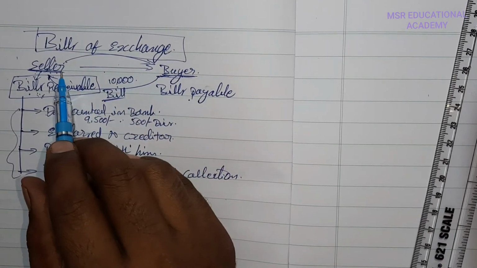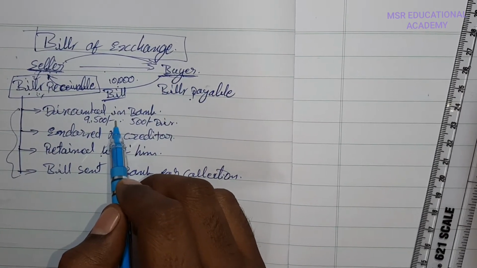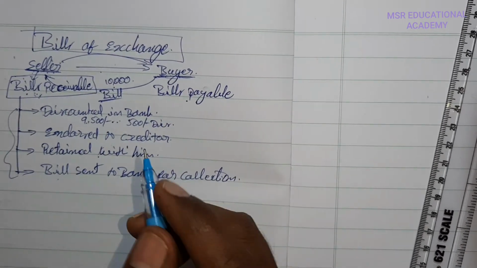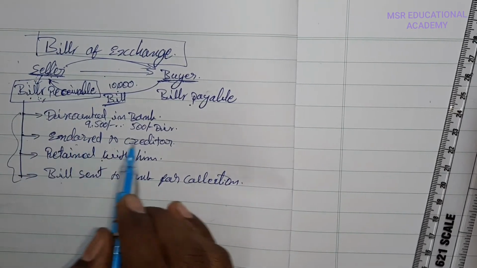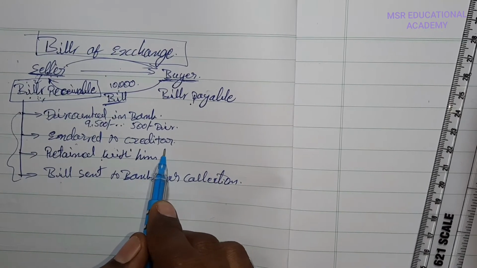The seller doesn't have any entries. The buyer goes directly to the bank, and the bank receives the 10,000 rupees. Or otherwise, what can the seller do? Endorse it to his creditor.